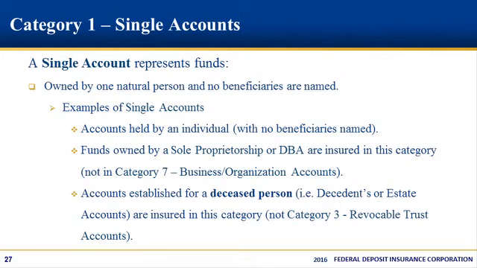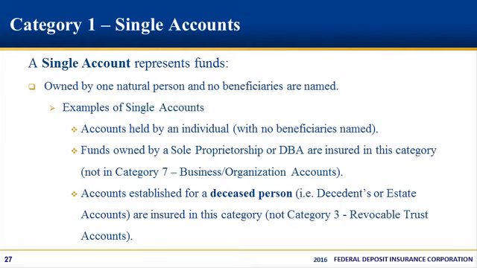Now, in addition to deposits that are owned by an individual person, there are some other common situations where deposited funds are specifically included and insured under Category 1 single ownership accounts. For example, a sole proprietorship deposit account, which is sometimes also called a DBA account or doing business as account, is insured under Category 1 single ownership accounts.